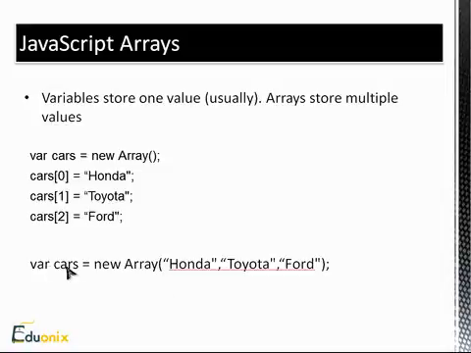We're saying var cars, so cars is a variable that holds an array, and here we're including the values in the array declaration. So this is Honda, Toyota, Ford. It's the same exact thing as this. If we write it this way, we can still access Honda with cars[0]. It's the same exact thing.